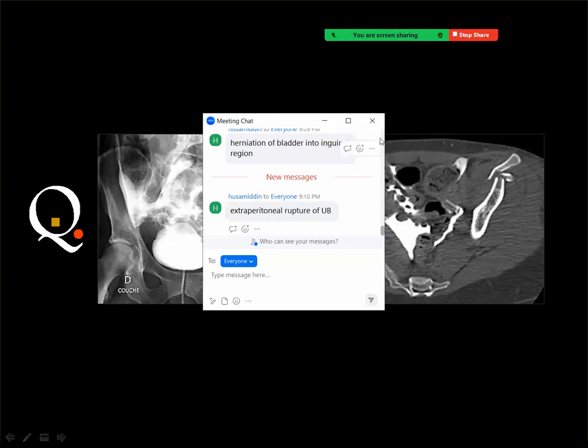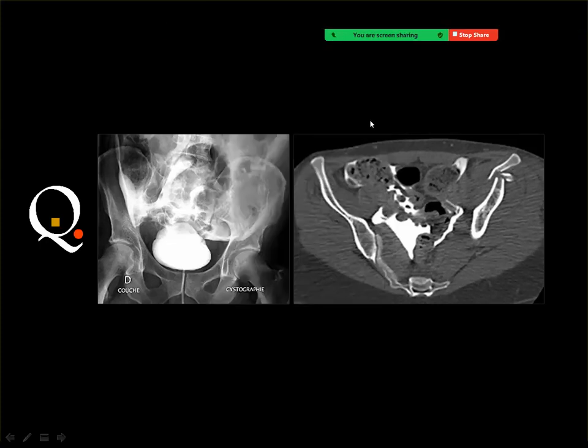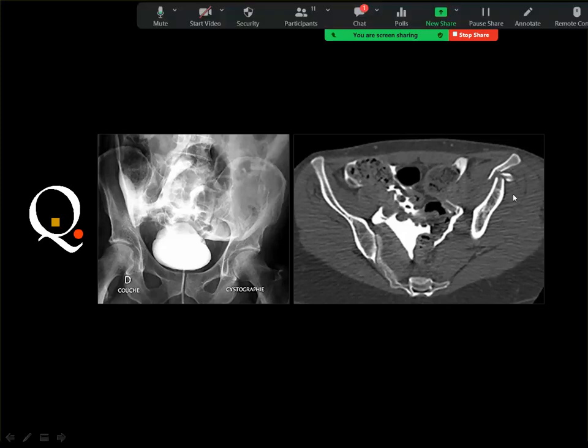No, this is intraperitoneal rupture of the urinary bladder, because the contrast material is present within the peritoneal cavity surrounding the bowel loops. And you can see this fracture, which is indicating that the patient has been subjected to a kind of trauma, and this trauma has ruptured the urinary bladder.